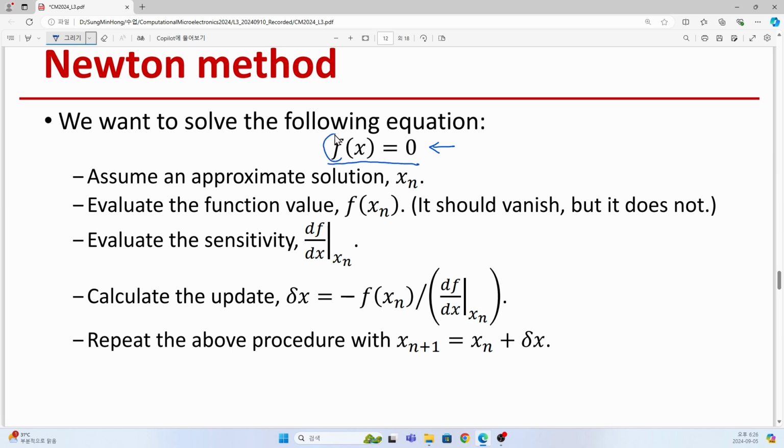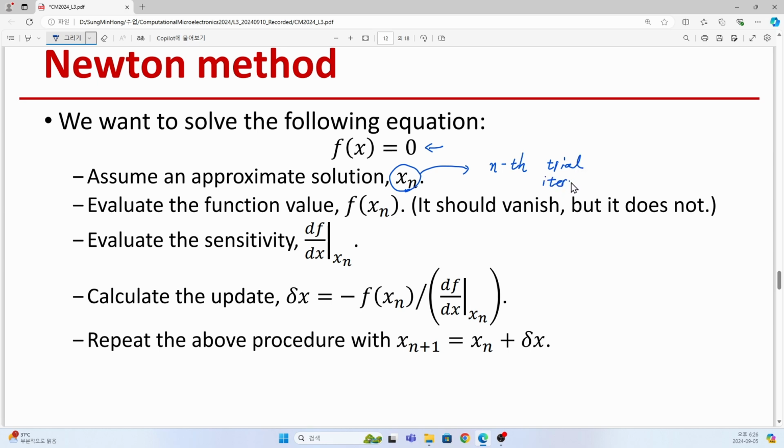So there is a function of an unknown variable x, and we want to find a certain x value which satisfies this equation. And of course, we have an approximate solution x sub n. Why do we have a subscript n? Usually it represents our nth trial or nth iteration.